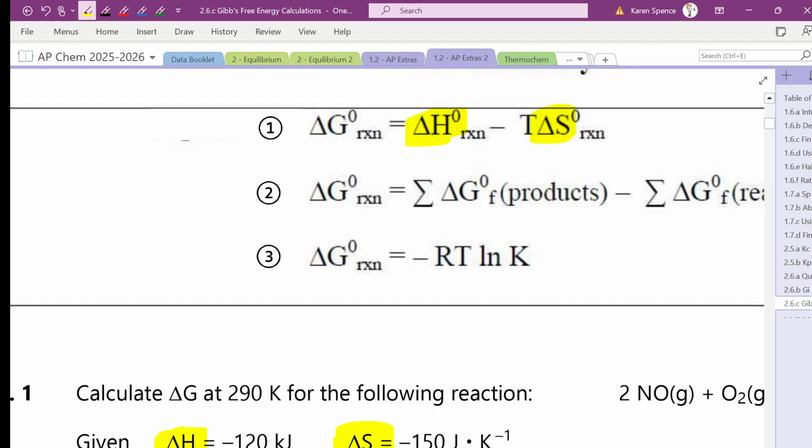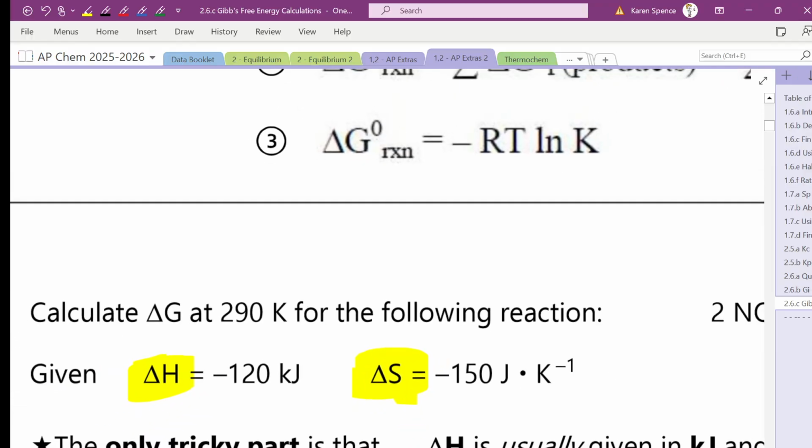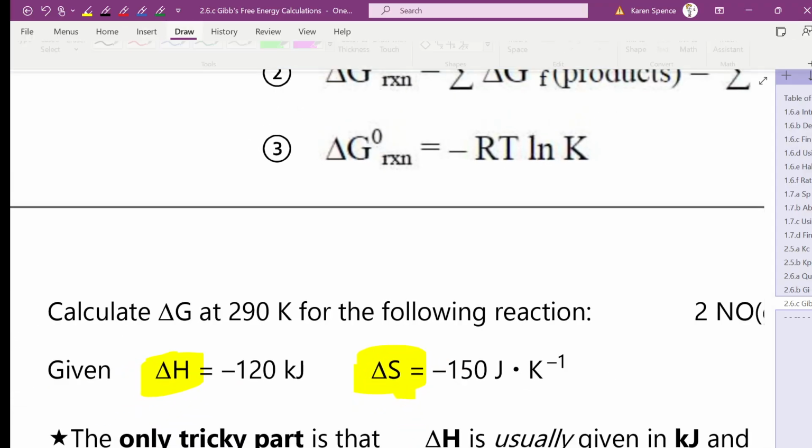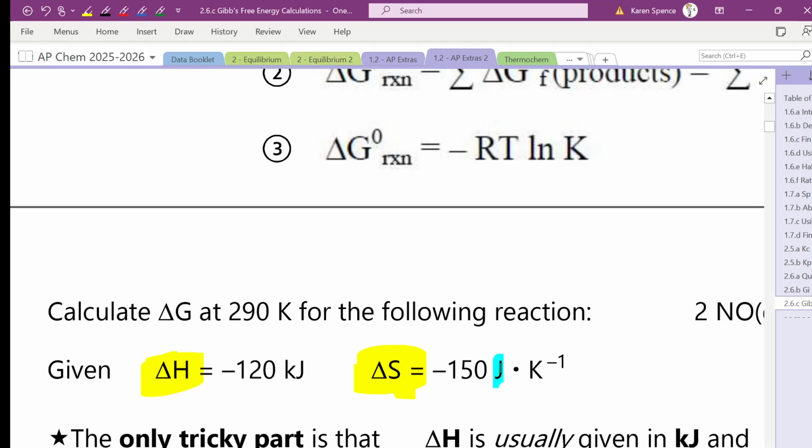Really, the only reason that I've got this example in here is because it gives us a chance to remember that whenever we're dealing with entropy, the units become important because entropy is given in joules and enthalpy and Gibbs free energy are usually in kilojoules.